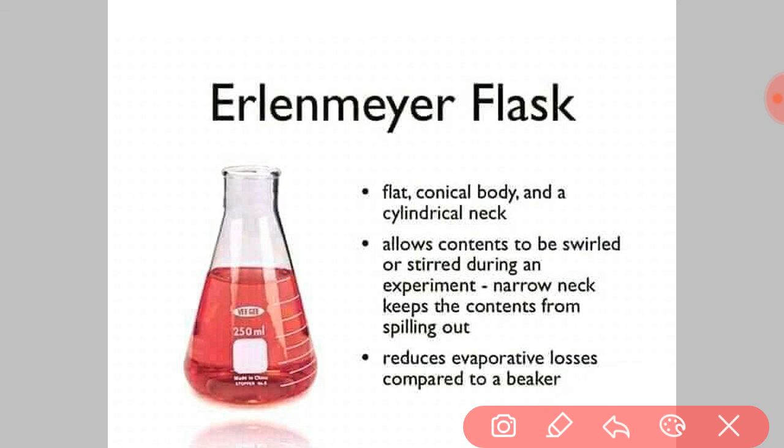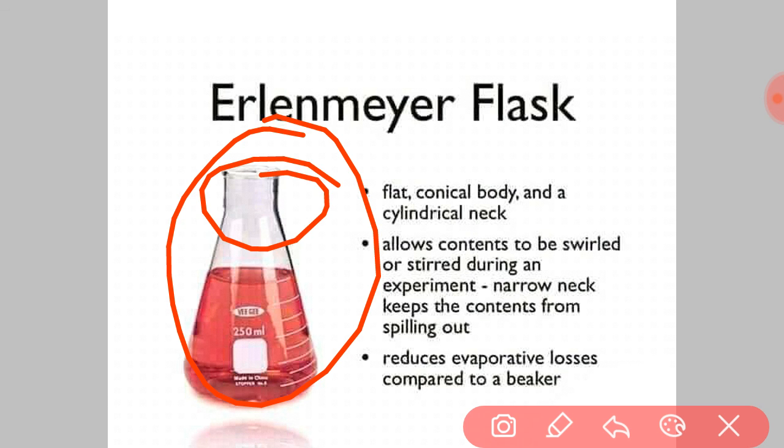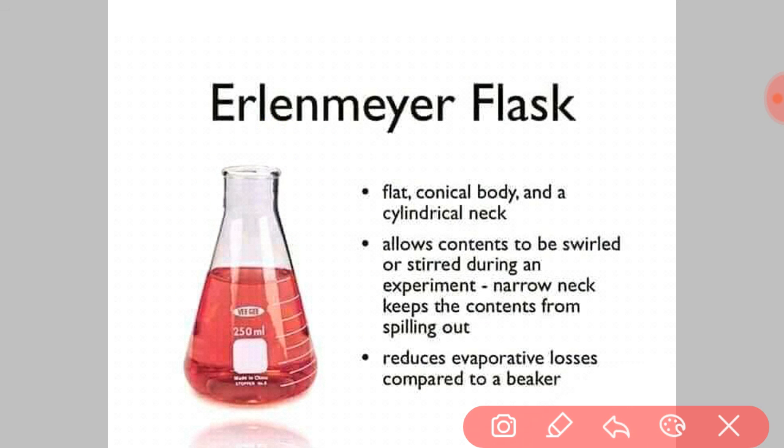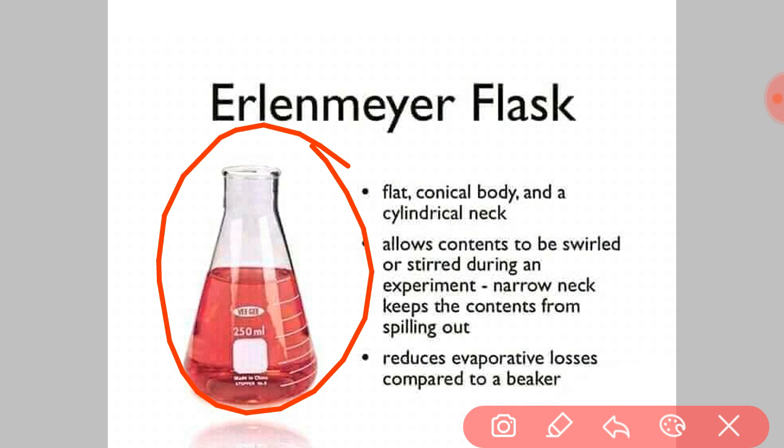The narrow neck keeps the contents from spilling out, and it reduces evaporation loss compared to the beaker. Generally it is better than a beaker because its narrow neck means less evaporation of chemicals. So this is the third lab apparatus, the Erlenmeyer flask.